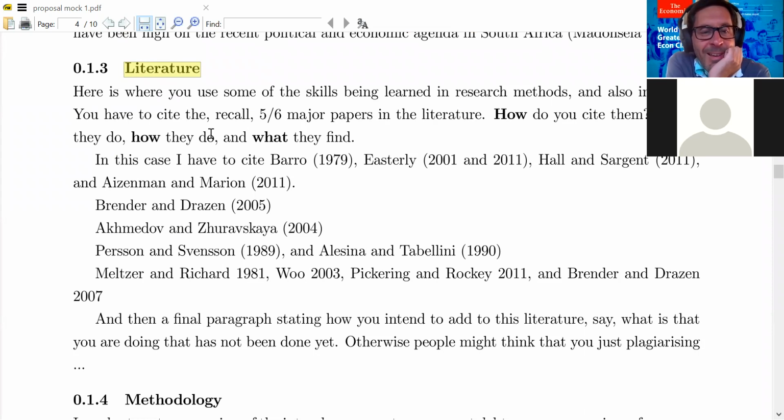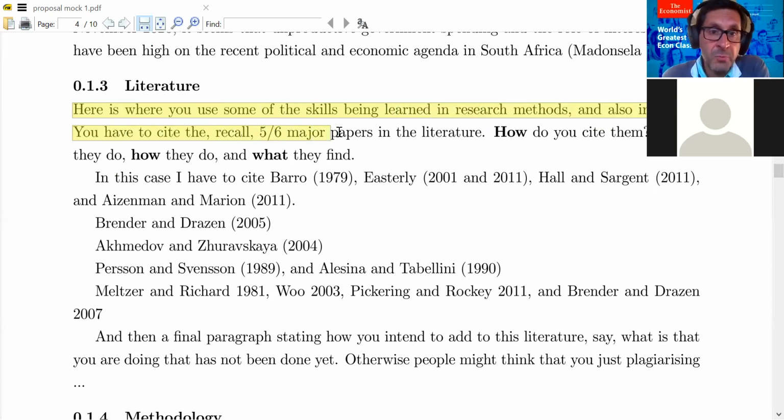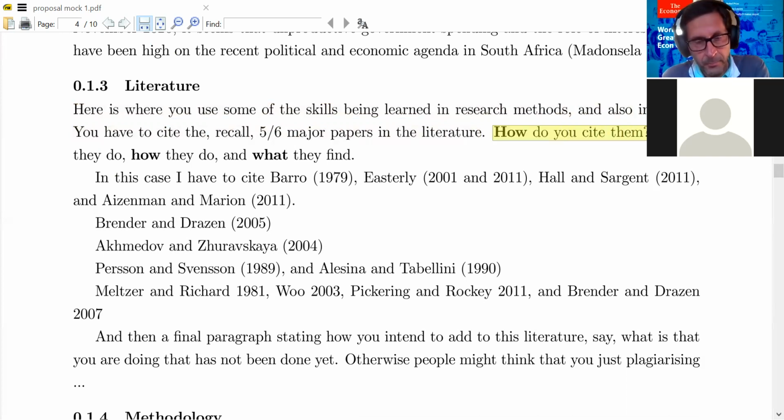But here is where you use some of the skills you have been learning in research methods and also in macroeconomics. You have to cite and recall five to six major papers in the literature. How do you cite them? How do you do this?